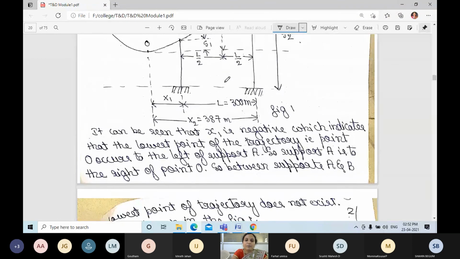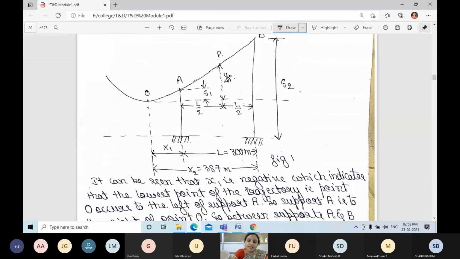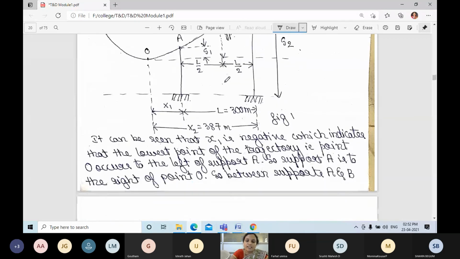Between A and B, there is no lowest point, that is O.